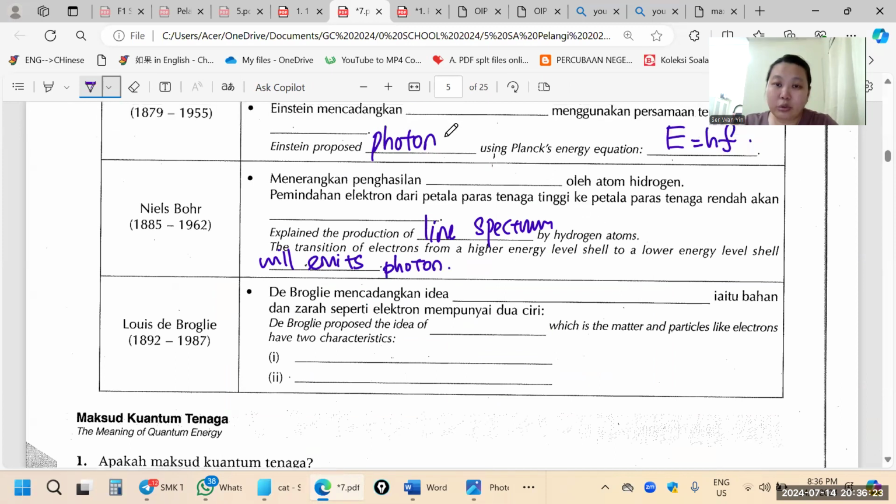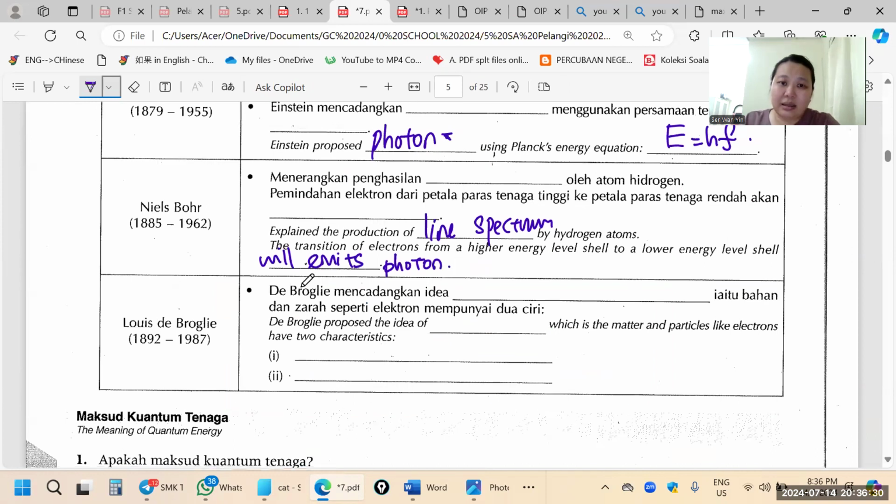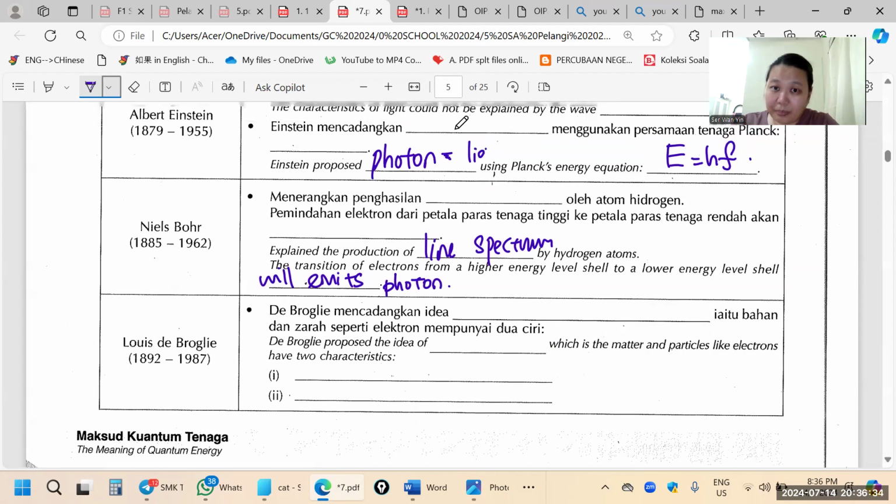So photon actually means light energy, a packet of light energy. Photon is a packet of energy.